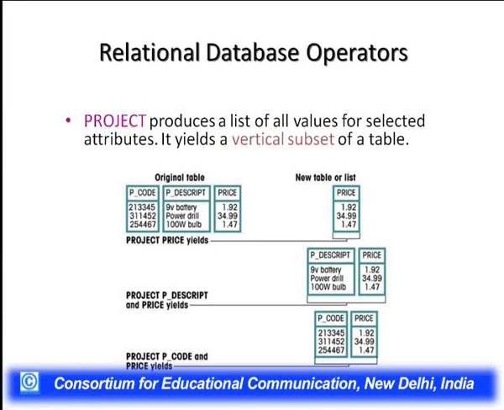Now, in case of the SQL select statement, what we are doing is a combination of select and project, because in that case we give the names of the columns that you want from a table, and you also specify a criteria for filtering the rows. So, that statement is a combination where you are doing 2 operations at the same time.